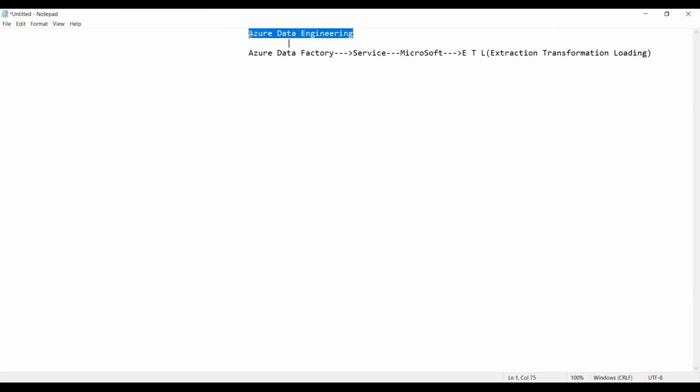Apart from this, we also have many more services provided under Azure Data Engineering. We have one more service, that is called Azure Databricks.